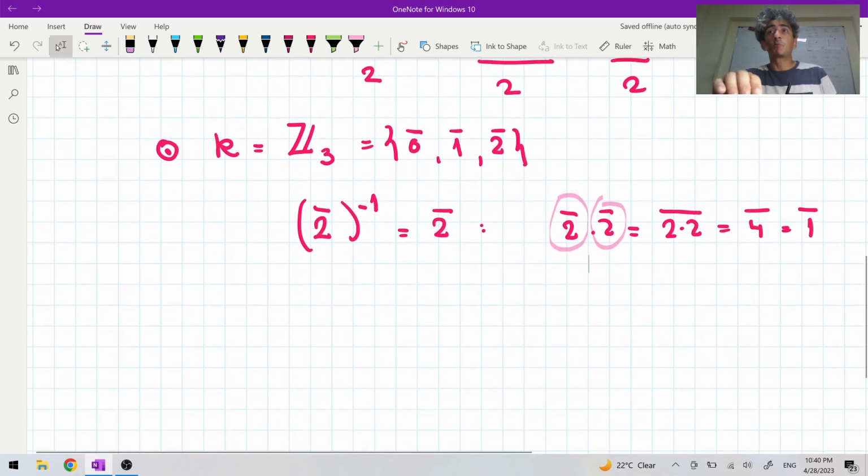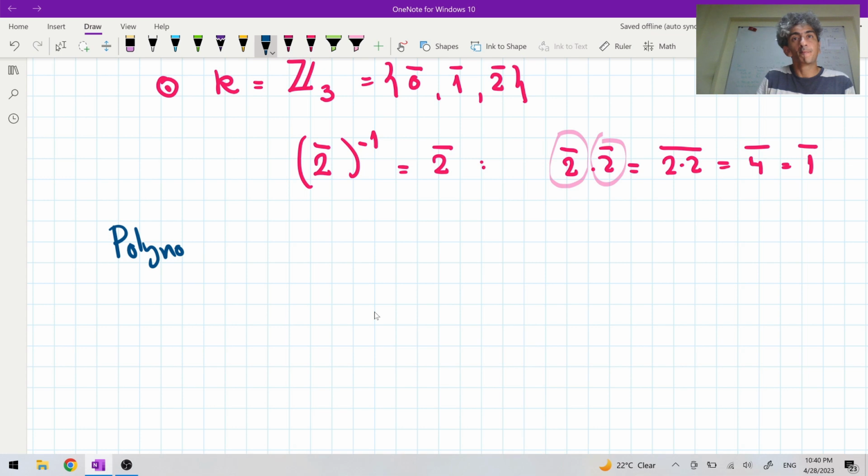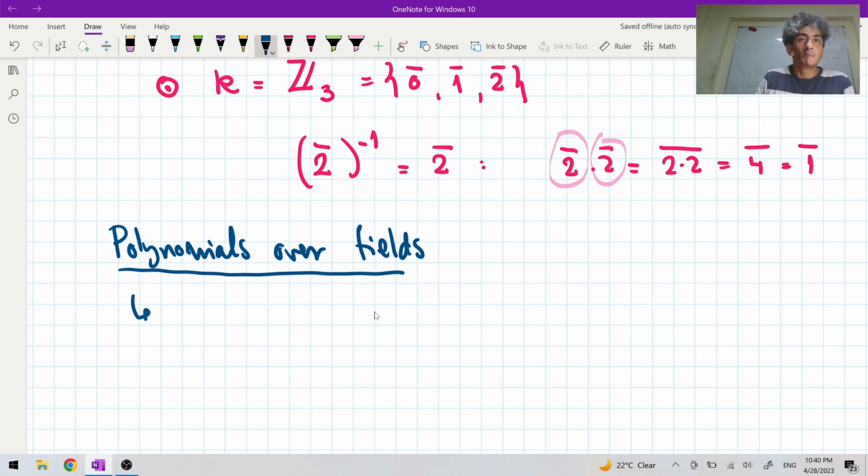And we're going to talk about polynomials over a field. So let K be a field; we will call K the base field.